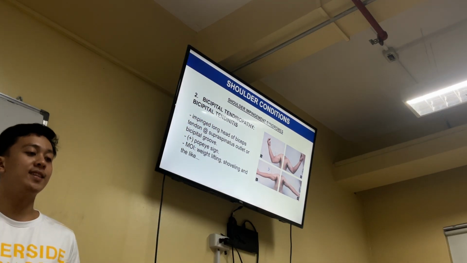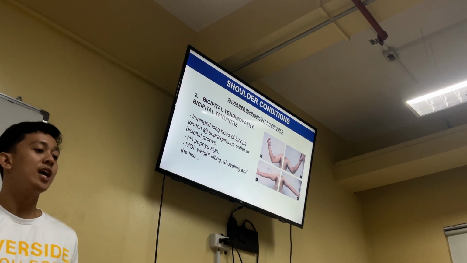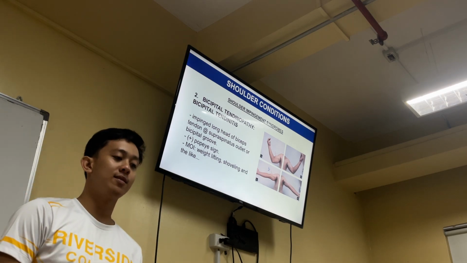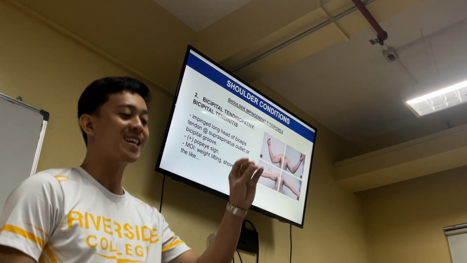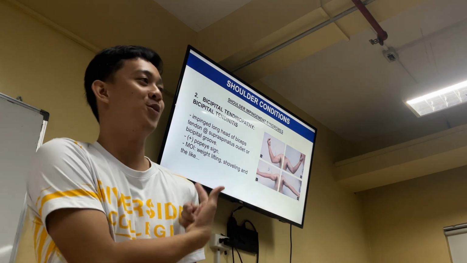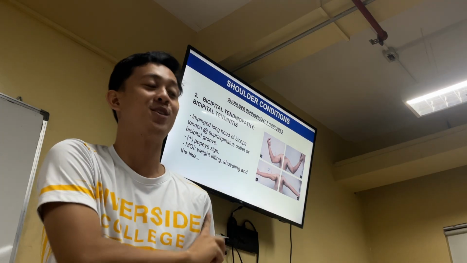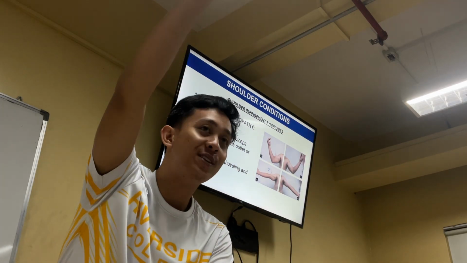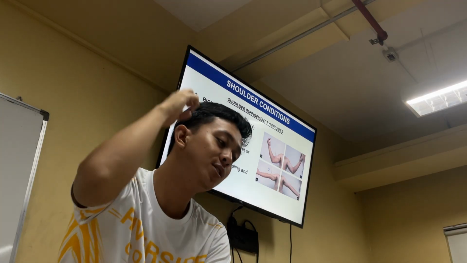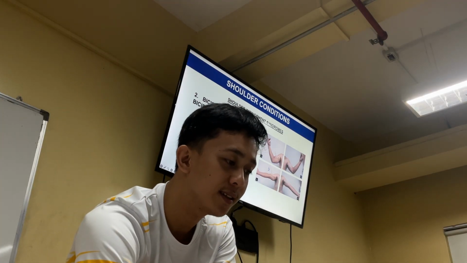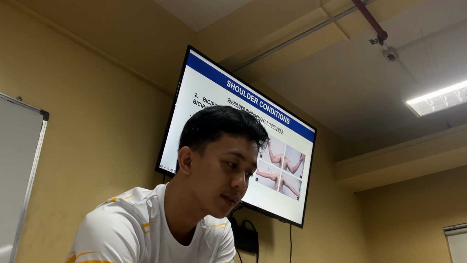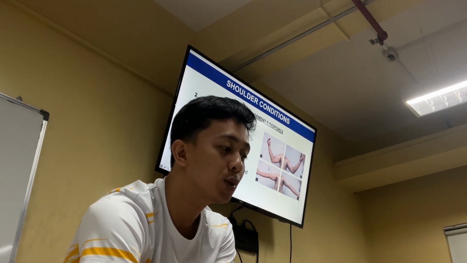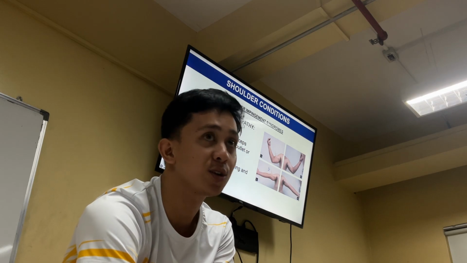Bicipital tendinitis is an impingement, an inflammation of the long head of your biceps tendon at the supraspinatus outlet or the bicipital groove, because it glides in the bicipital groove. A common, very visible manifestation is your Popeye sign, for a ruptured bicipital tendon. So this is still under your bicipital tendinitis or inflammation.